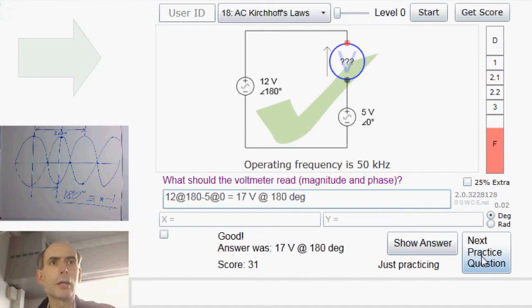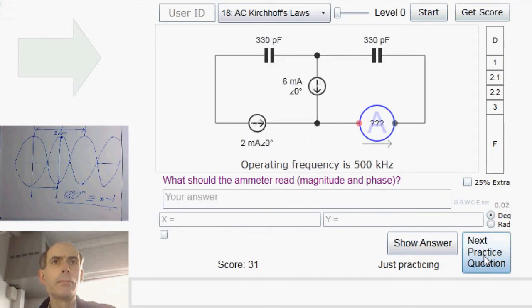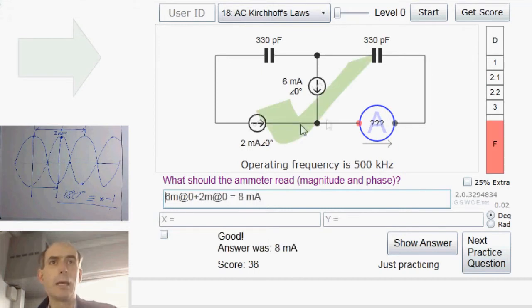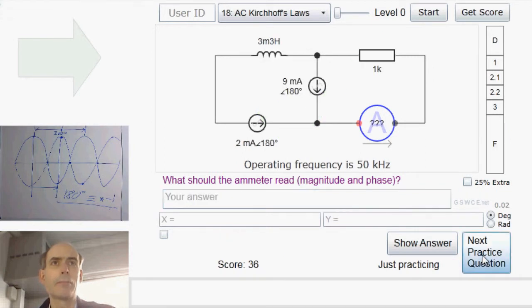Let's see if we can find a current one. Here we go, a current one. 6 milliamps at 0 degrees and 2 milliamps at 0 degrees. The current flowing into this node must equal the current flowing out of that node, so that just must be 6 milliamps at 0 degrees plus 2 milliamps at 0 degrees. 8 milliamps at 0 degrees, fine.